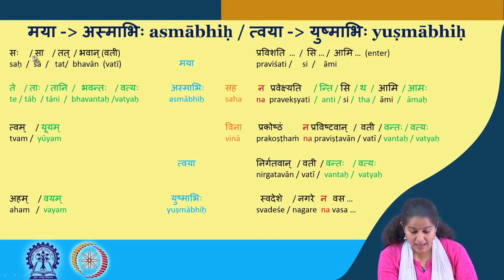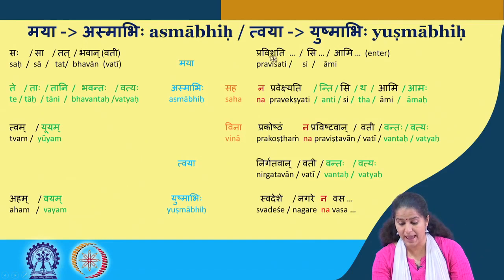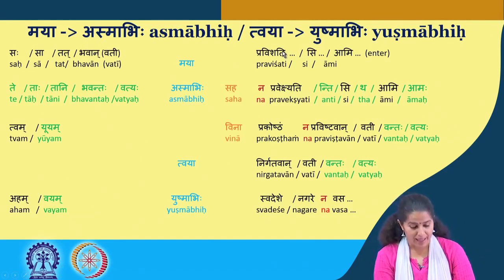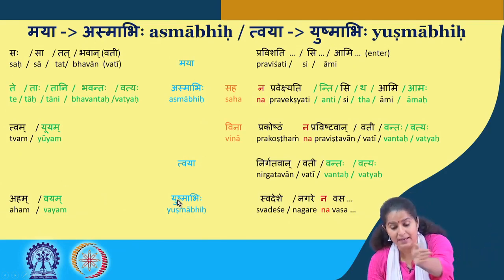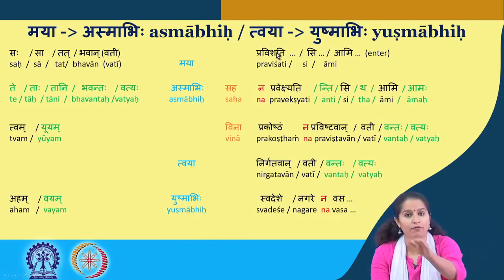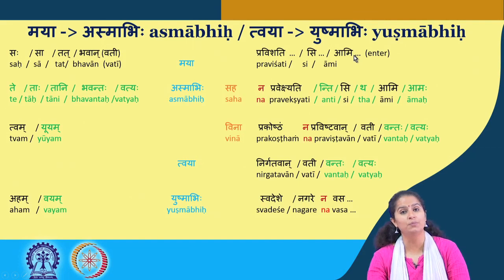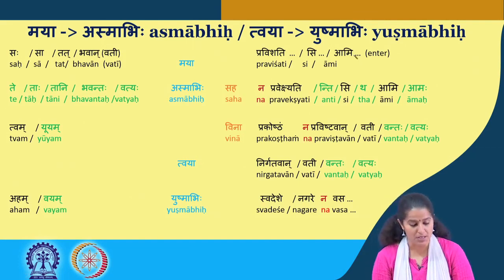Next, saha tvaya saha pravishati, enters with you. And then saha yushmabhihi saha pravishati, enters with all of you. Alright. You can then do it with the plural, in which case you know the plural forms and it will take those forms.